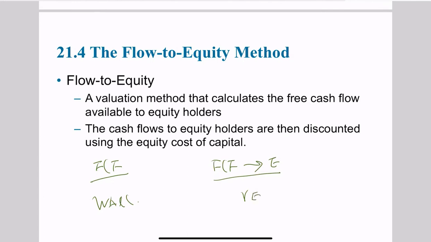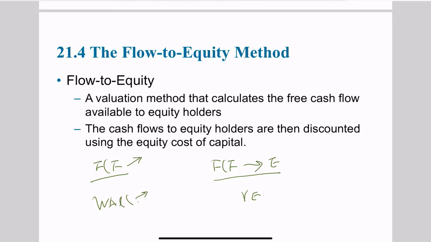I would say conceptually, free cash flow is a measurement of cash flow at firm level, so you should discount free cash flow using the firm level measure of the cost of capital. That is, you should discount FCF using WACC.